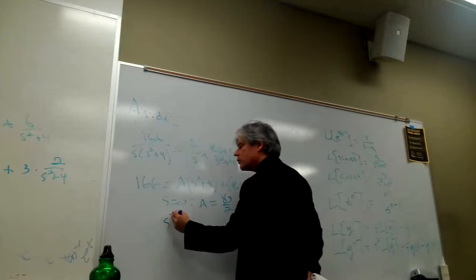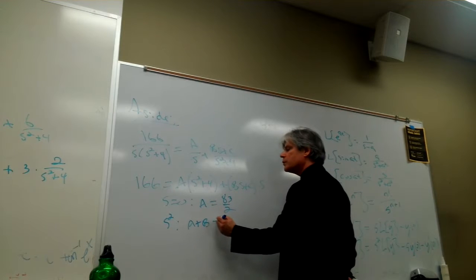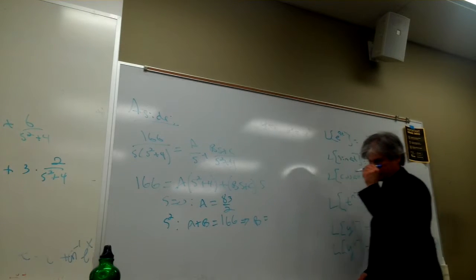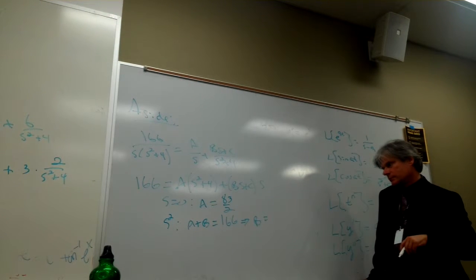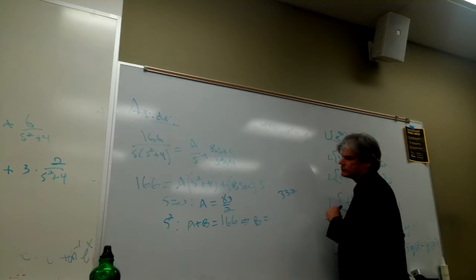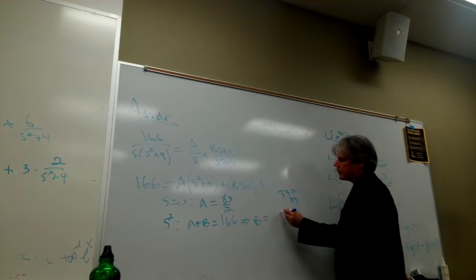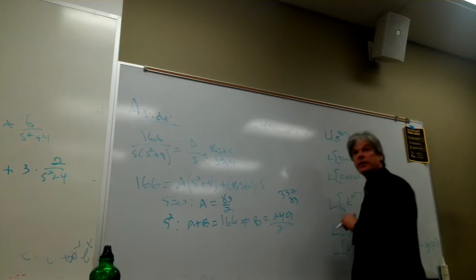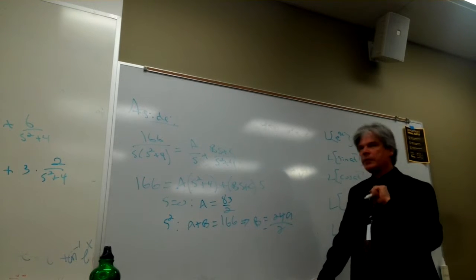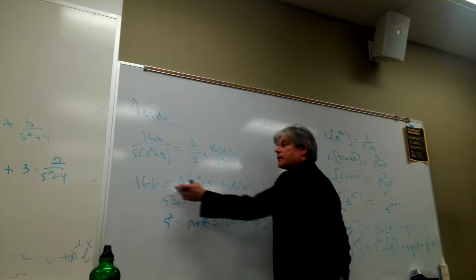And if I equate the coefficients of my s squareds, doesn't it tell me that A plus B is equal to 0, because on the left-hand side that's just a constant?